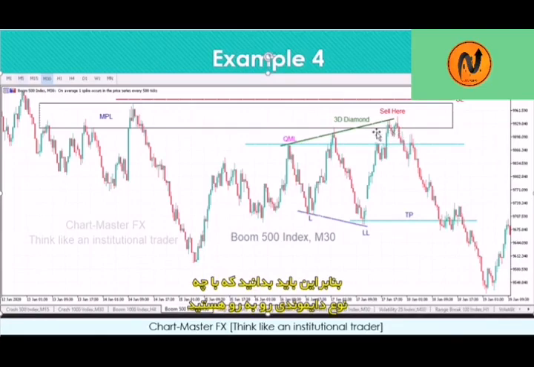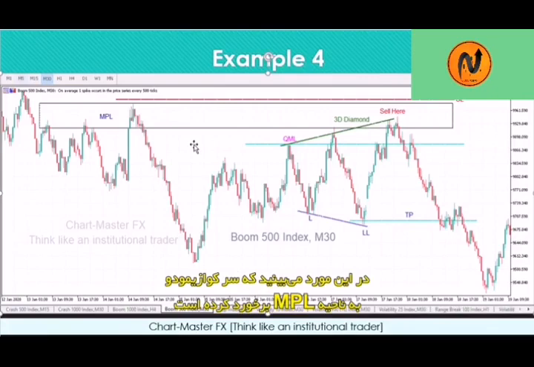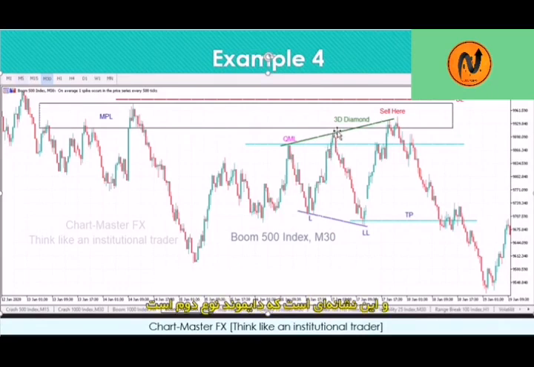So guys, you need to understand which version of the diamond you are looking for. And you can see that in this case, this head of the Quasimodo was able to touch the MPL. Once it touches the MPL, it's giving you an indication of version number 2.